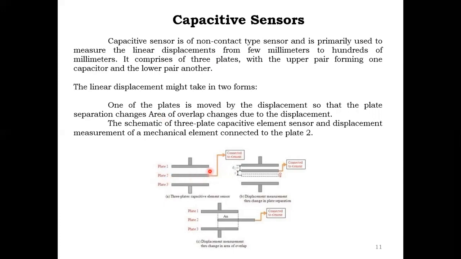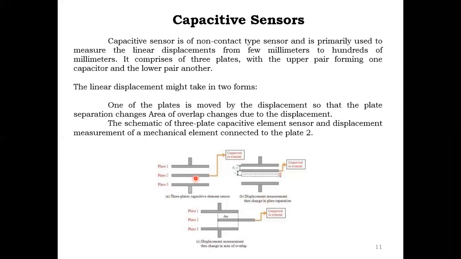We already know that a capacitor stores energy as electrostatic energy, and the distance between the two plates defines the capacitance. If we change the distance, the capacitance changes between plate 1 and plate 2 as well as plate 2 and plate 3.